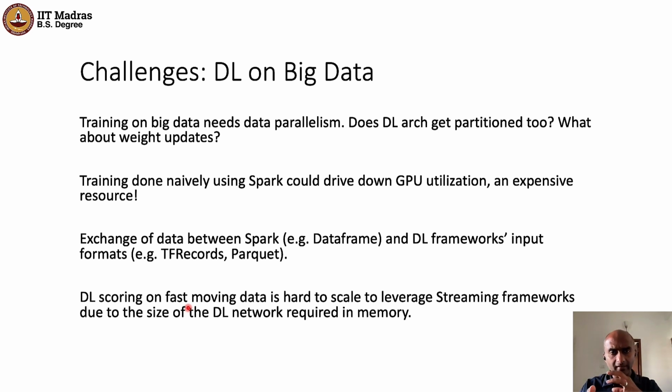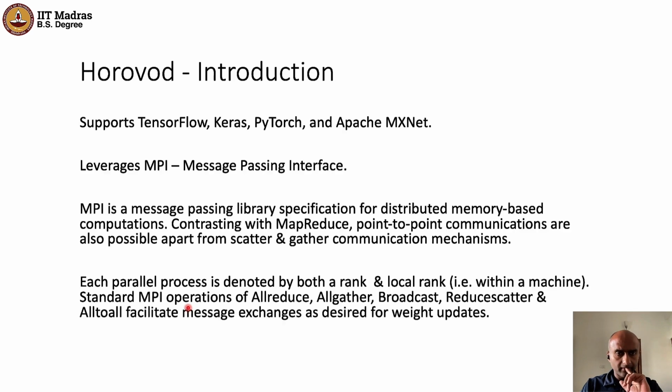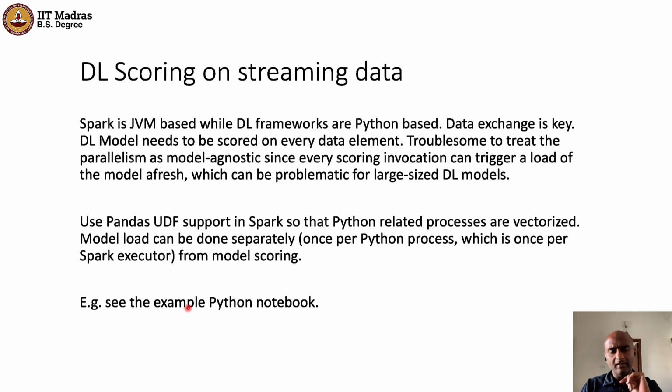Because the size being large means that loading the model for the first time becomes really expensive. So if you keep having to load it for every record of scoring, especially for fast moving data, that becomes an absolute non-starter, right? So what is available as a way to work around this?